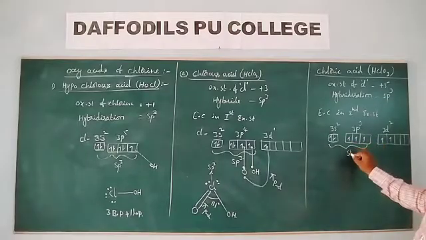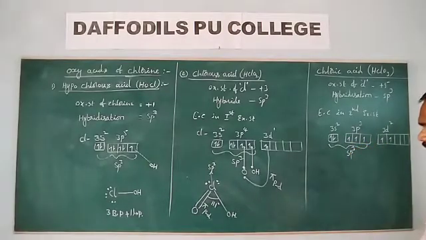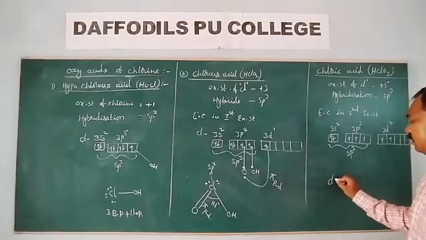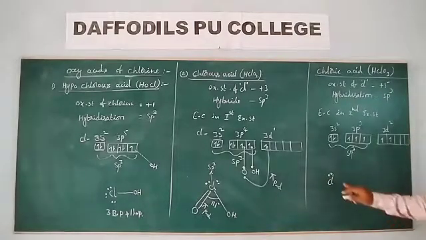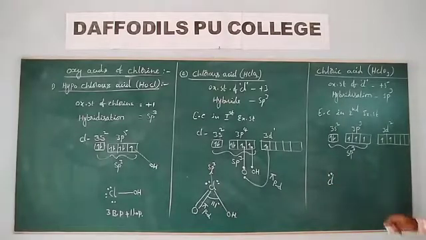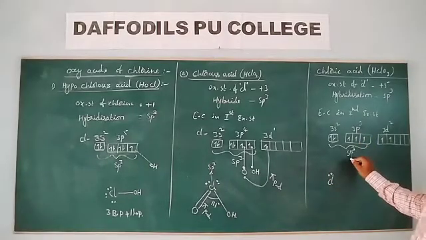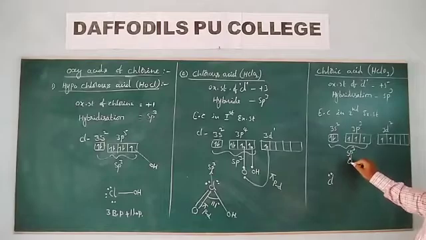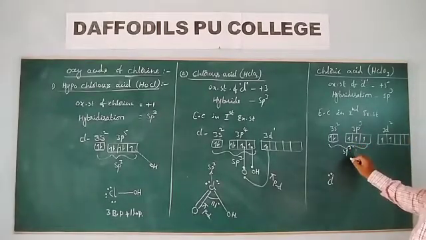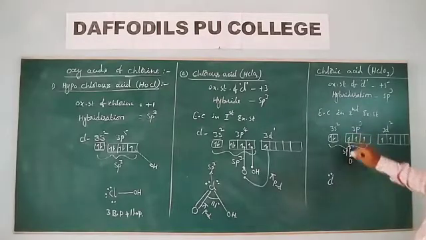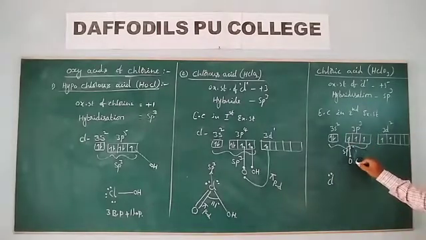This one also undergoes sp3 hybridization. Chlorine is the central atom, which contains one lone pair. Here three oxygens are there. Each oxygen has two unpaired electrons. One of the unpaired electrons bonds with a hybrid orbital.